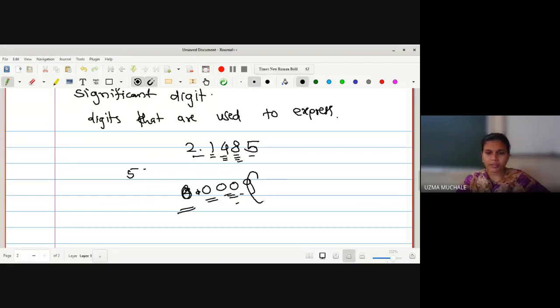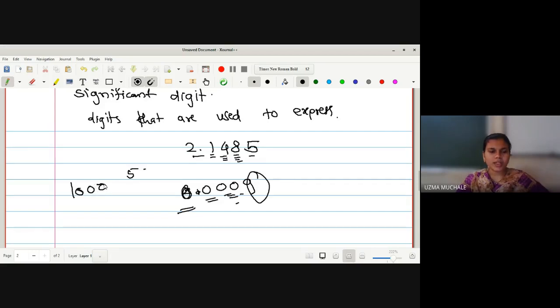Only one. If it is of the form 0.0009, it has only one significant digit. Or in another way, suppose I write a number, say 1000.